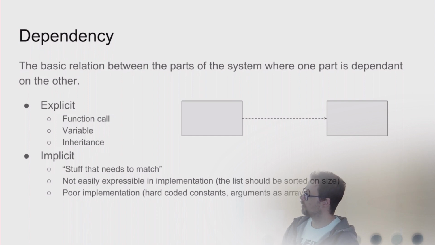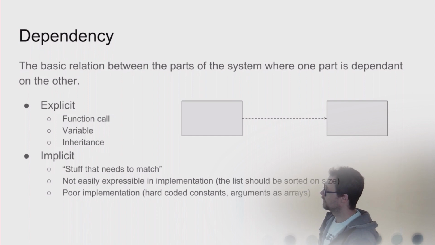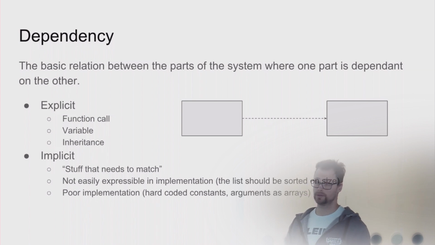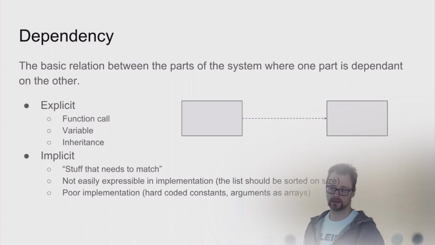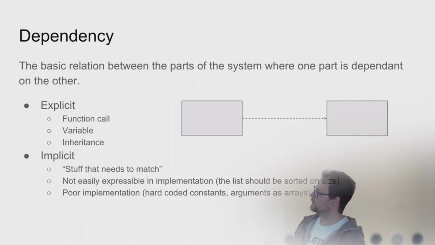Implicit dependencies, on the other hand, are dependencies that do exist, but it's more on a level that stuff in the first box need to match some other stuff in the second box. And these types of dependencies are not easily expressible in the implementation.